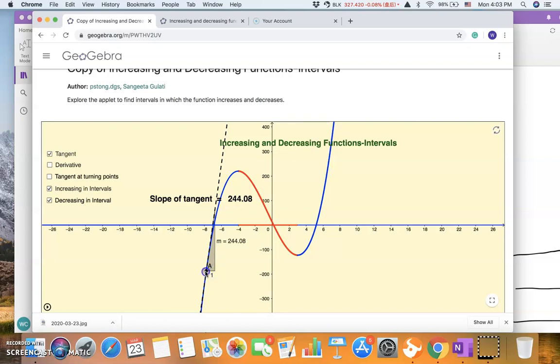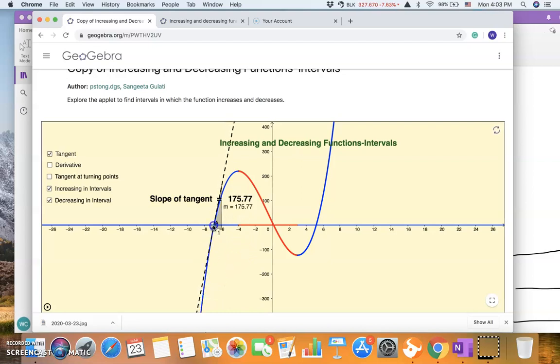Okay. So on the interval of increase from -infinity to -4, at each point, the slope of the tangent line is m, and we can see the slopes are all positive numbers, right? Like here, when x equals -8, the slope of the tangent line is 258.